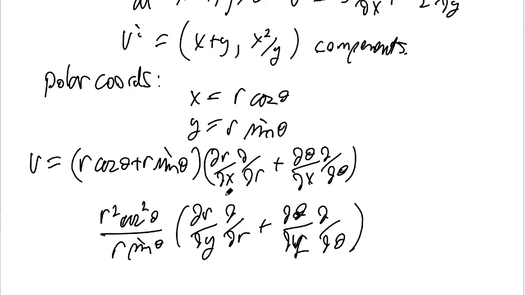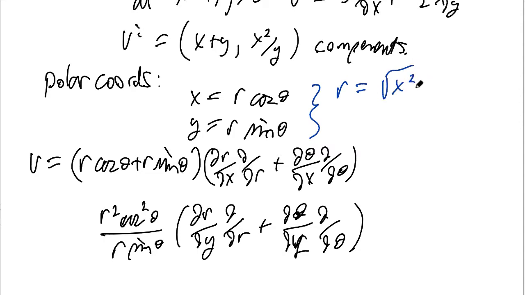Okay, to continue, we need to compute these derivatives, dr dx, d theta dx, and so forth. Now, let's remember when we write dr dx here, what we mean is the derivative of r with respect to x holding y constant. So in order to compute that, we need to invert these relations. We need to write r in terms of x and y.